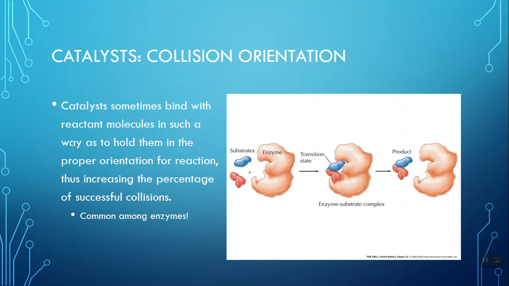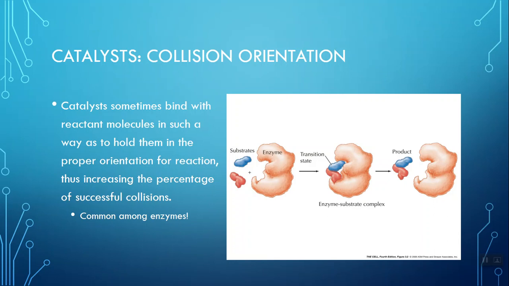So the other way that catalysts can work is through affecting the collision orientation. Some catalysts bind with your reactant molecules in such a way that they hold them in the proper orientation for reaction, which increases the percentage of successful collisions. So this is really common among enzymes in biological systems. You know that the enzyme has an active site that has a very particular shape, which allows it to not only bind to only one specific molecule, but to bind to one specific molecule in one specific orientation.